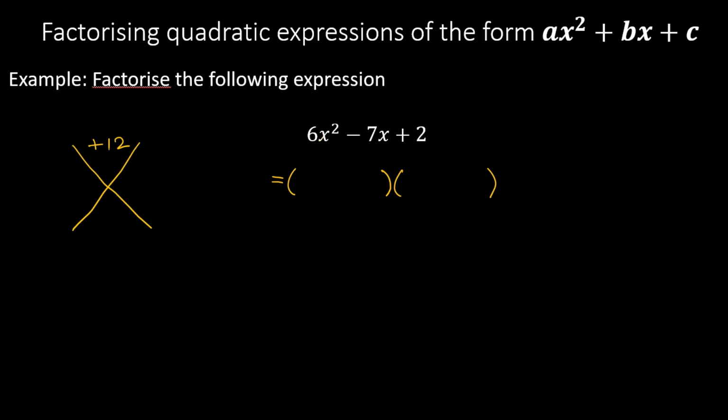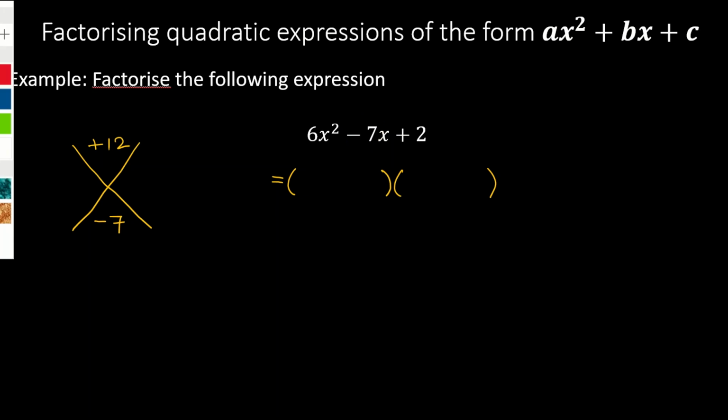Okay, now we consider the middle term, negative 7x. Its coefficient is negative 7. We write it here, negative 7. Right?